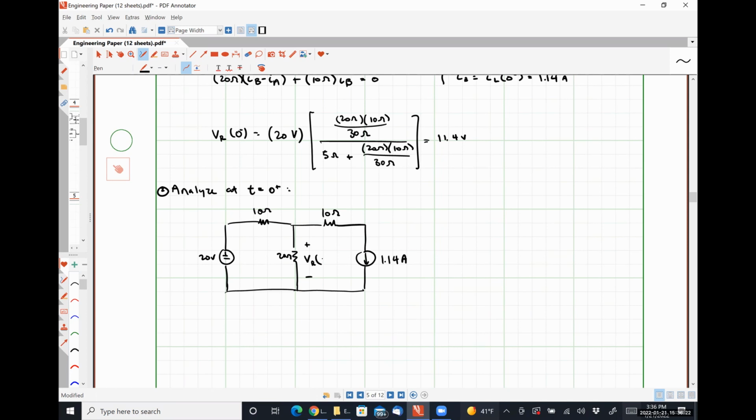And we're trying to find VR at 0 plus. So we know for sure IL at 0 plus is 1.14 amperes. Now we need to solve for VR. Any thoughts?